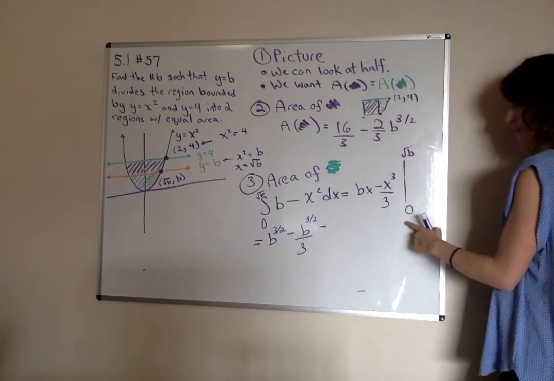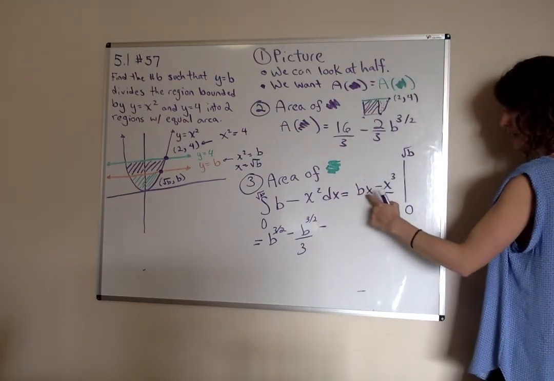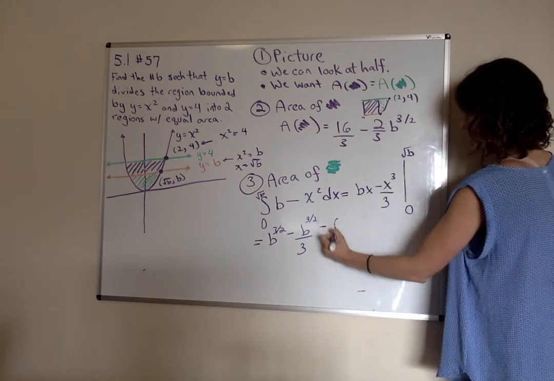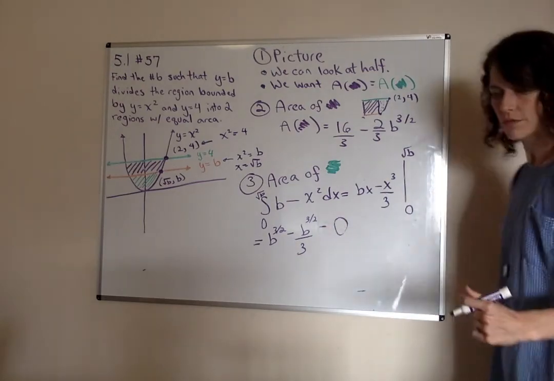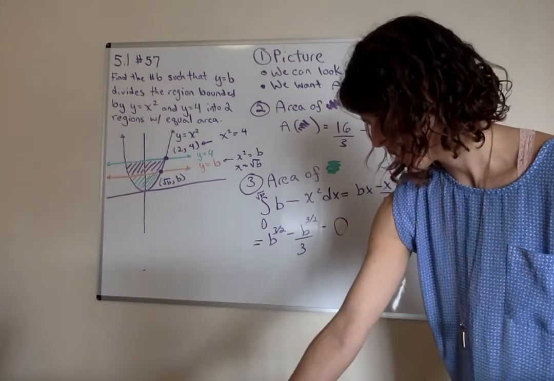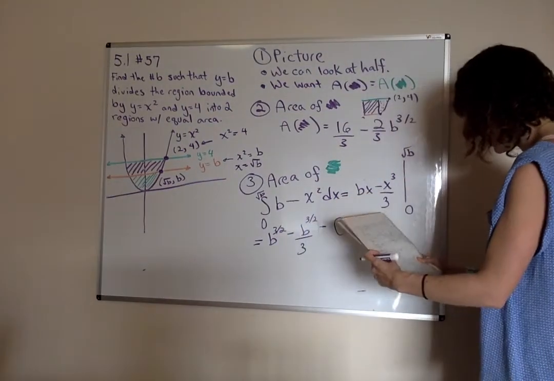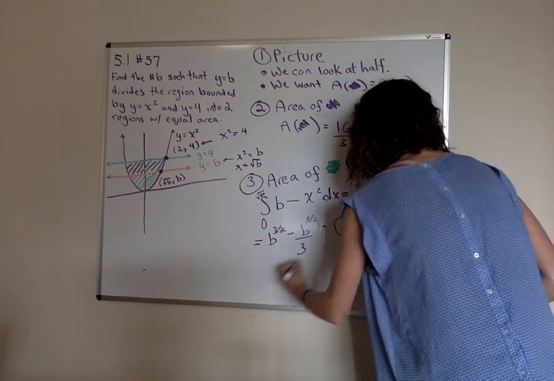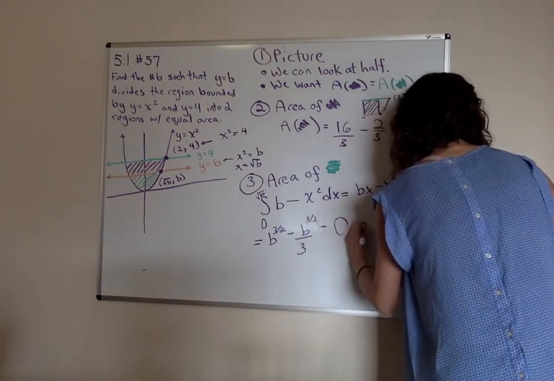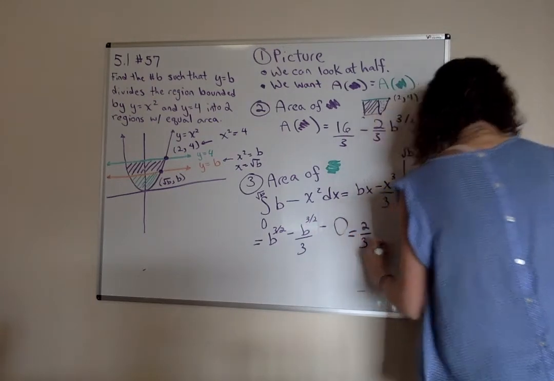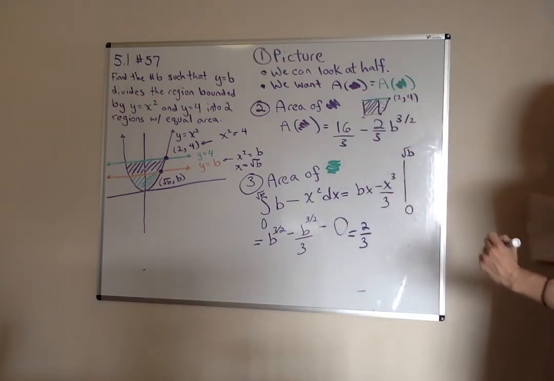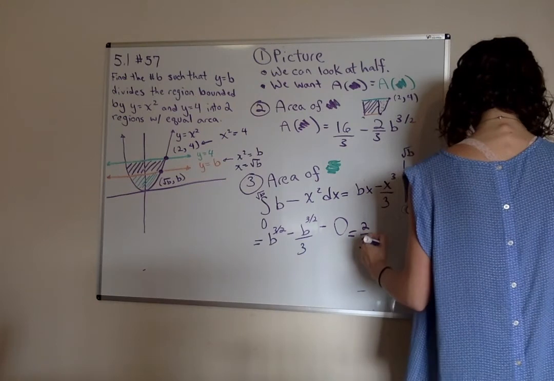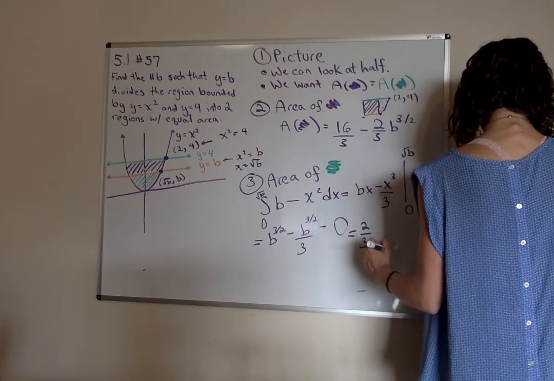Minus, if I plug 0 in here, it evaluates to 0. So I get 2/3 b to the 3/2.